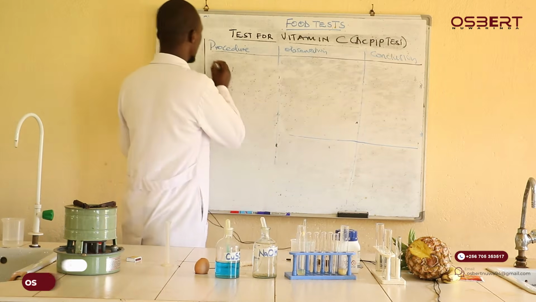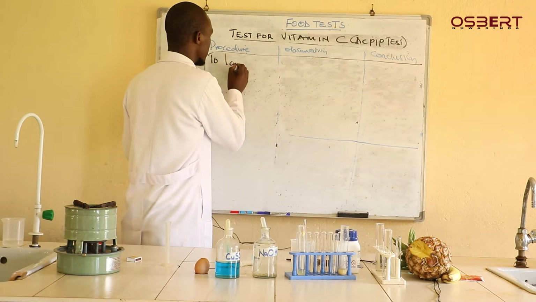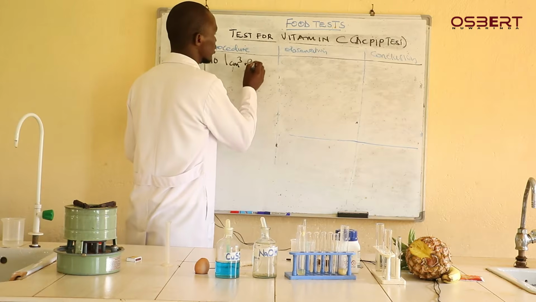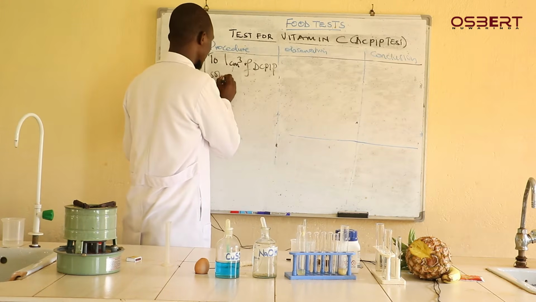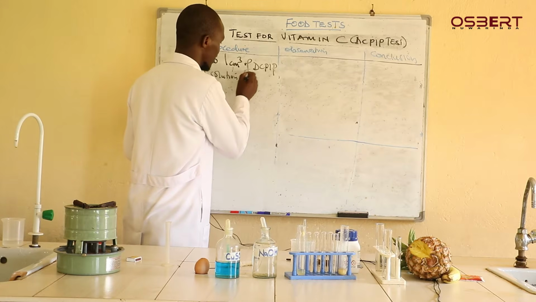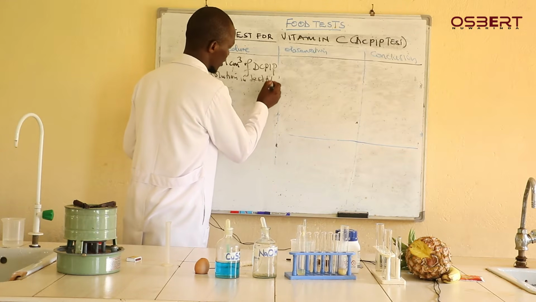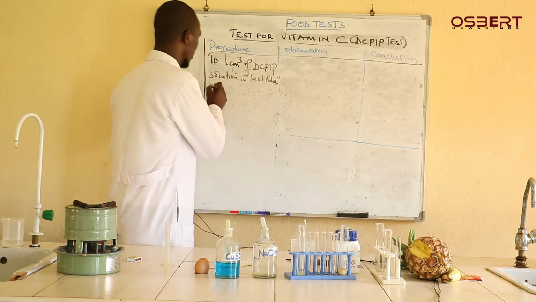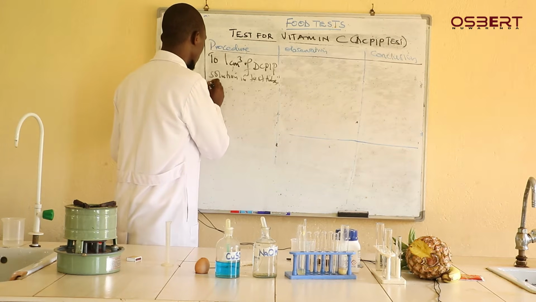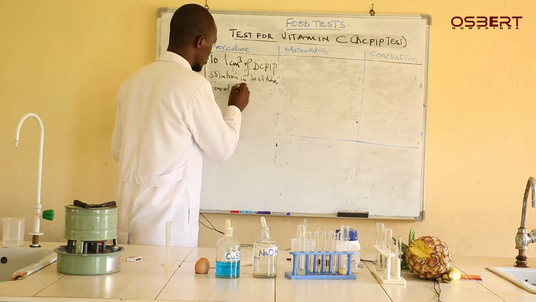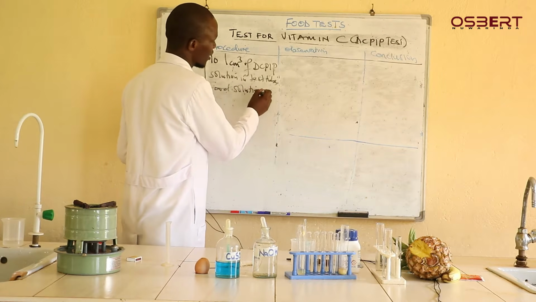So we shall say here, to 1 centimeter tube of DCPIP solution in a test tube, the food solution is added.